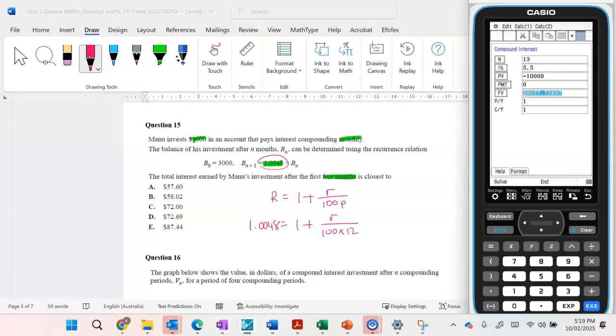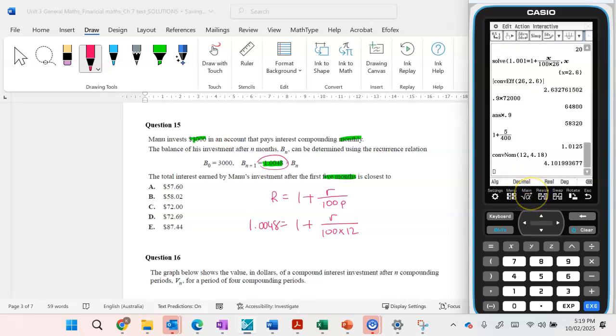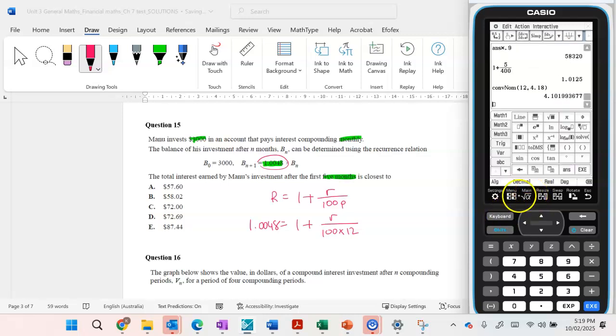All right, so get my calc, go back to main. We're just going to solve for R. 1.0048. Now, there is a quicker way of doing this, and you're probably thinking, why am I not doing that? That's because for the majority of you, you need to get used to using this formula here. So R is what we're solving for. I'm just going to put X on the calculator.